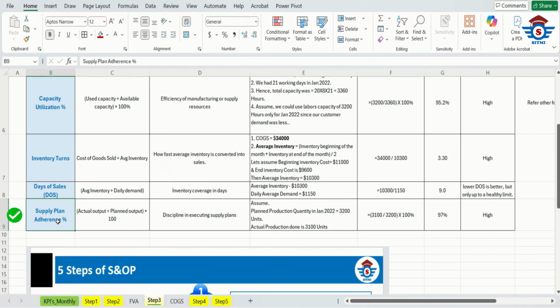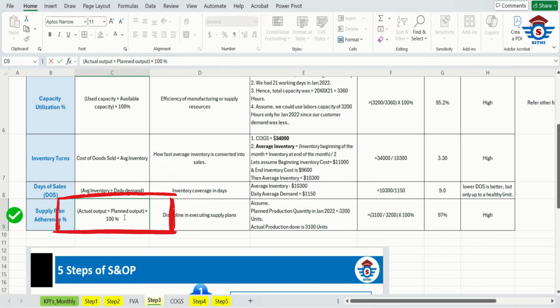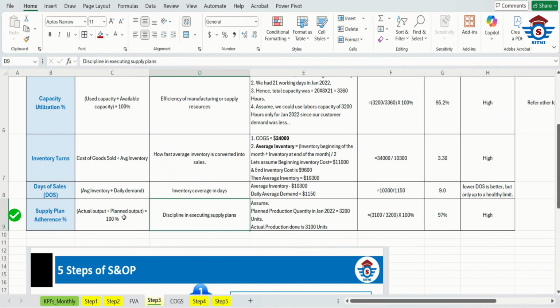and that gap is measured in the supply plan adherence percentage. The formula here is actual output divided by planned output into 100%, and this is measured as a percentage. What this tells us is the discipline in executing the supply plans.